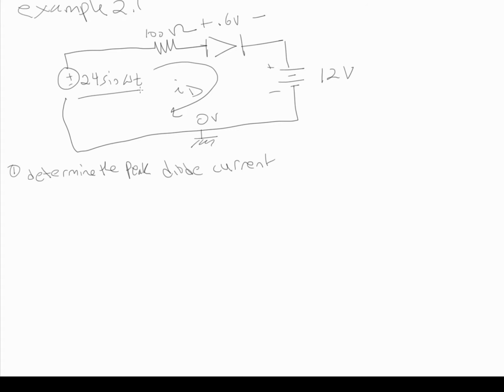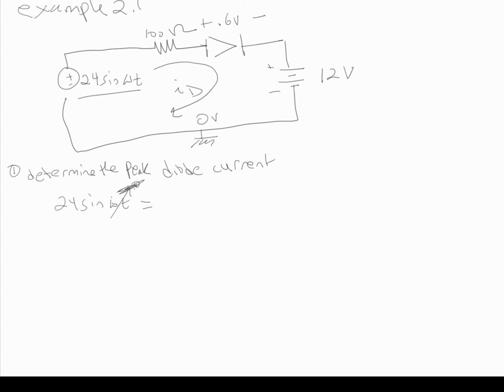Well, if you look at our power supply, the largest it can ever be would be 24 sine omega t. And if this was equal to 0, say at time equals 0, this is going to be equal to 0.